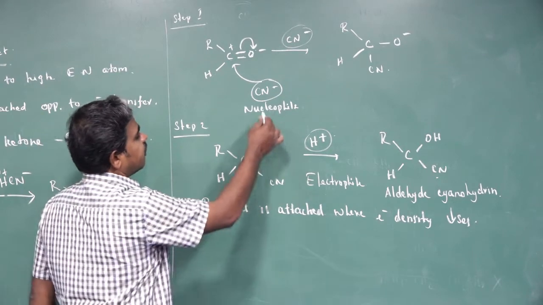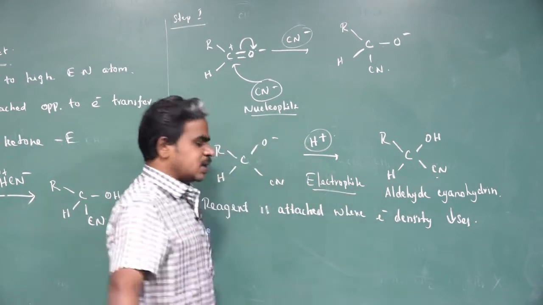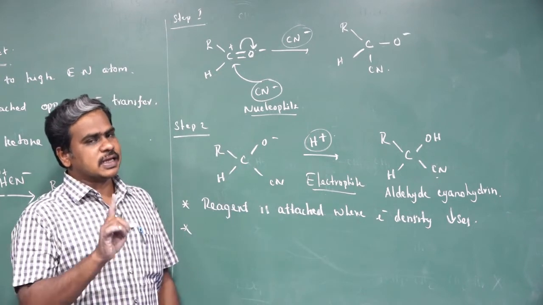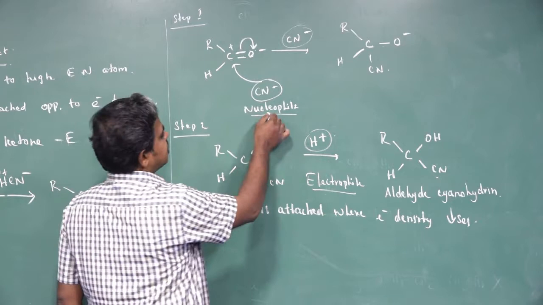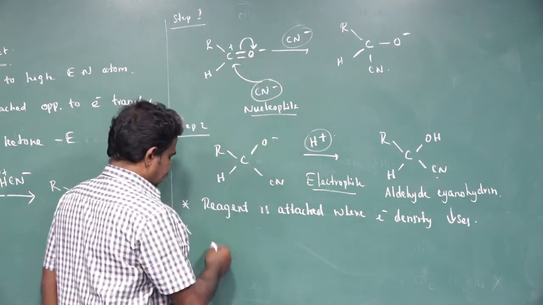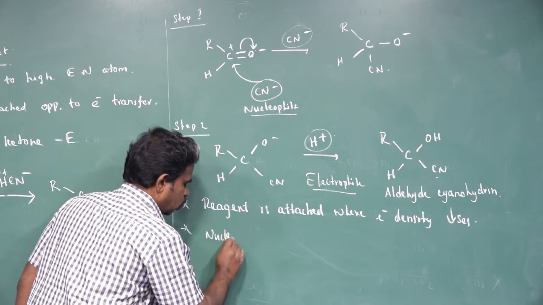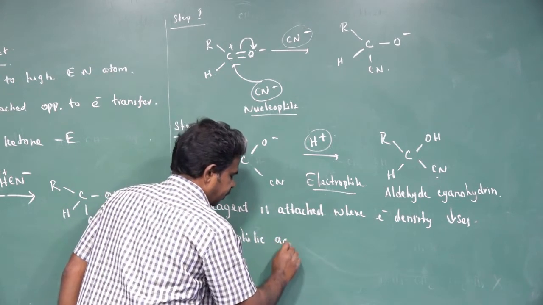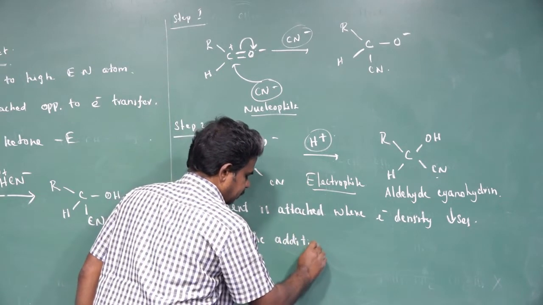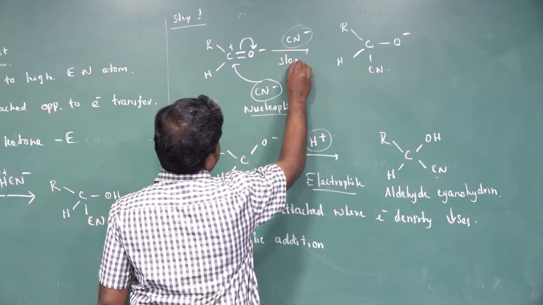Now here the first step is nucleophilic addition and the second step is electrophilic addition, and it is always the first step that is considered. So the first step is a nucleophilic addition, so this reaction is considered a nucleophilic addition. Now it is the slowest step.